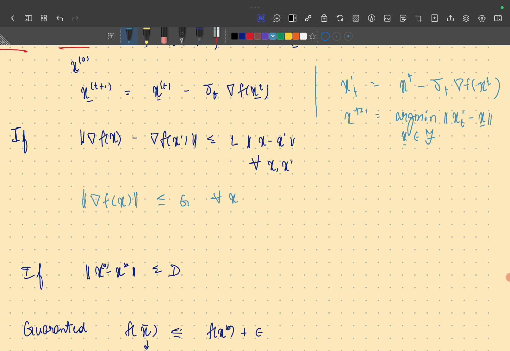Right, so this would be projected gradient descent. That's the only approach we know so far, and this argmin itself is an optimization problem to solve.